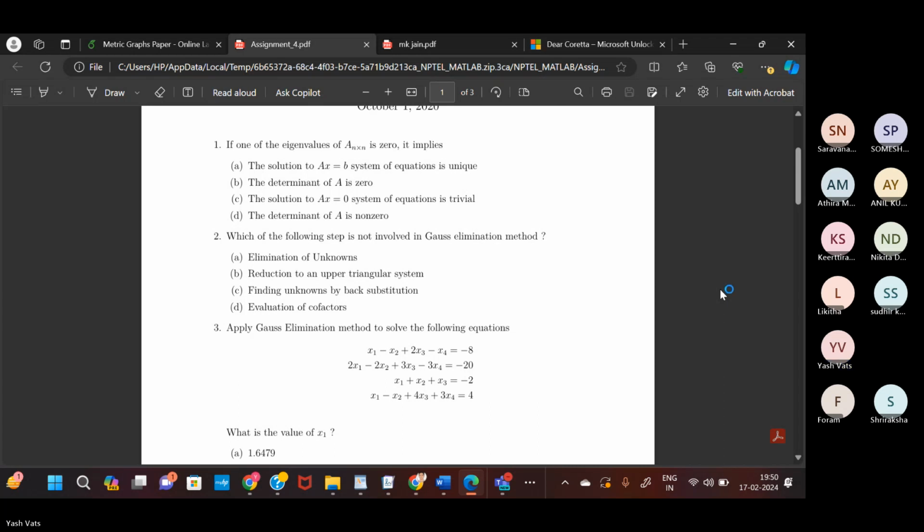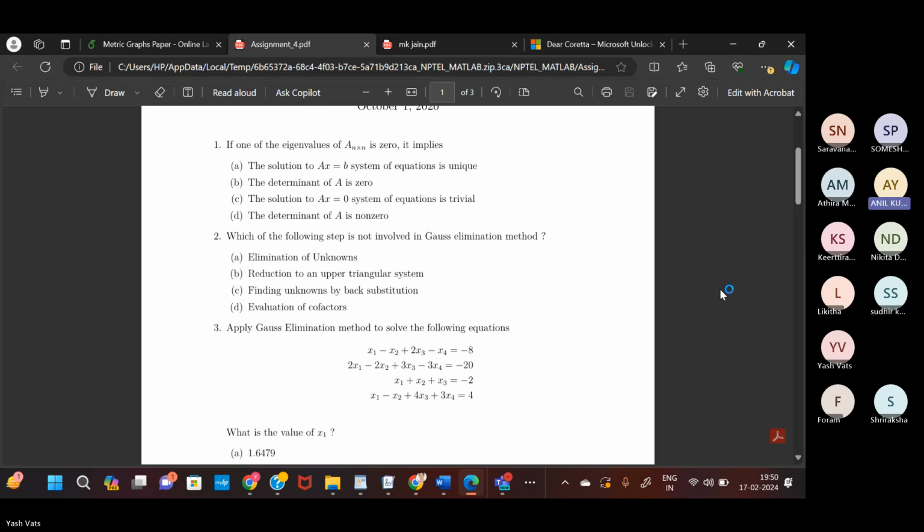The question says that if one of the eigenvalues is 0, it implies the solution of the system of equations is unique, or the determinant of A is 0, or the solution of the system of equations is trivial, or the determinant of A is non-zero. So what should be the right option if you learn about the eigenvalues clearly?